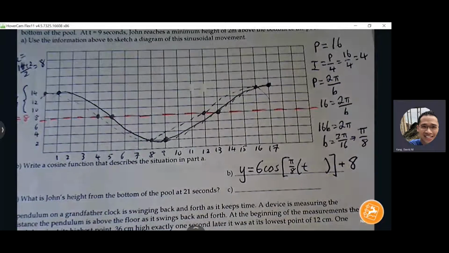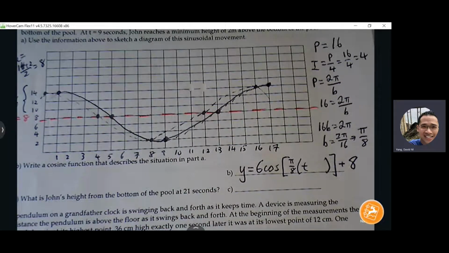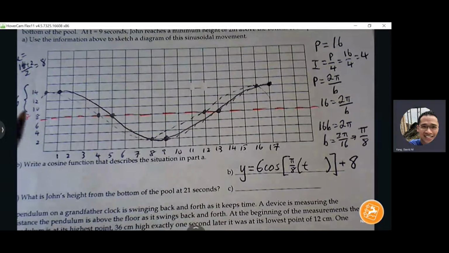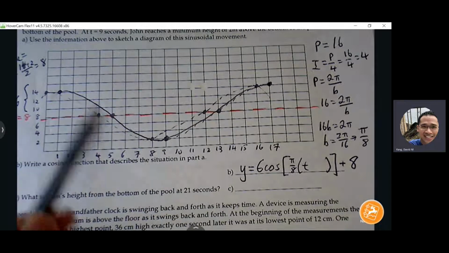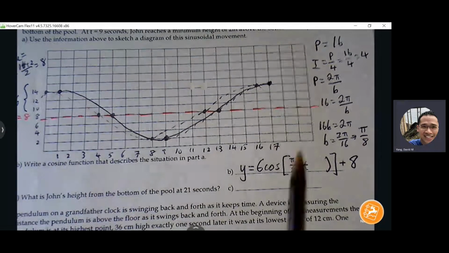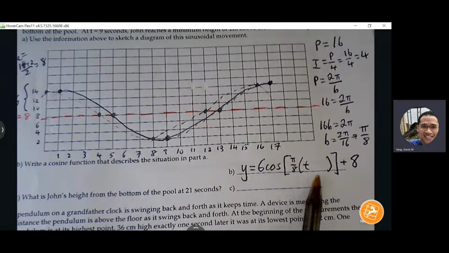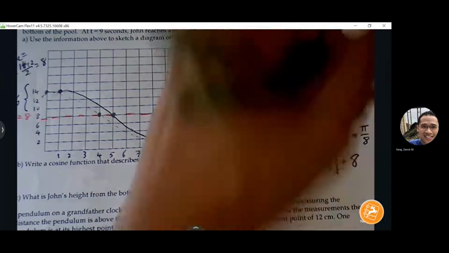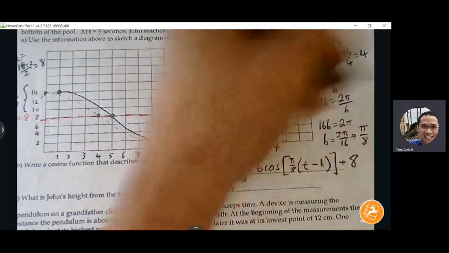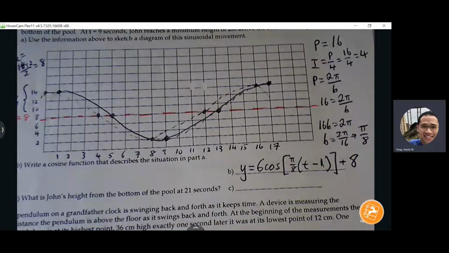So the dotted graph is the equation that you have right there in front of you. We have to ask ourselves, what can I do with the dotted graph to make it turn into the solid graph, which is what we want? Move it to the right 1, therefore -1. If you go through this process, you're not going to get that shift incorrect.